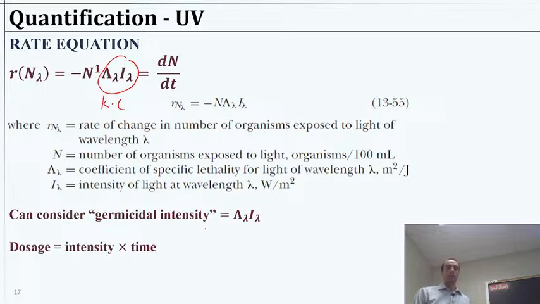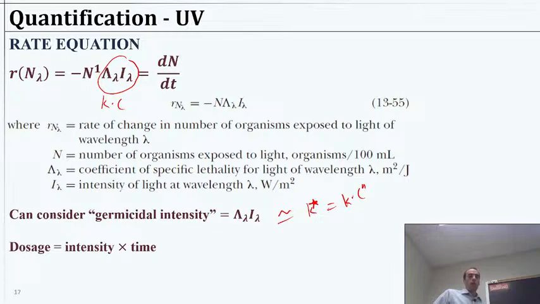So then we can say this germicidal intensity would be the combination of those two. This is like saying k star equals k times c, right? From our former example, the Chick-Watson example.